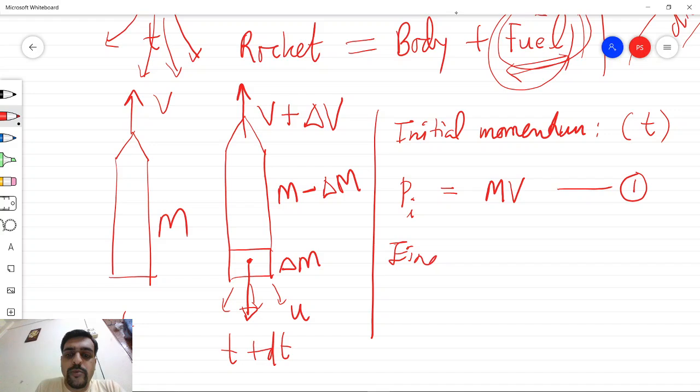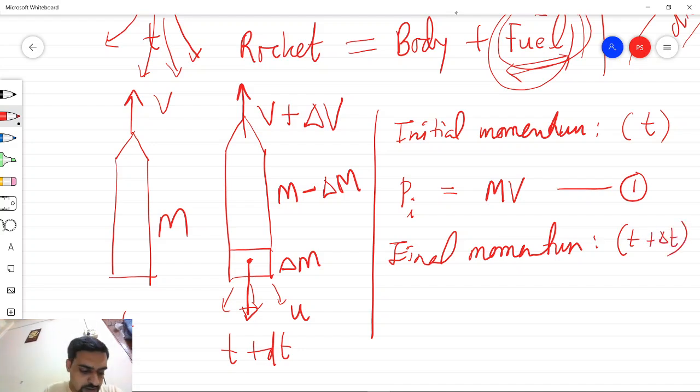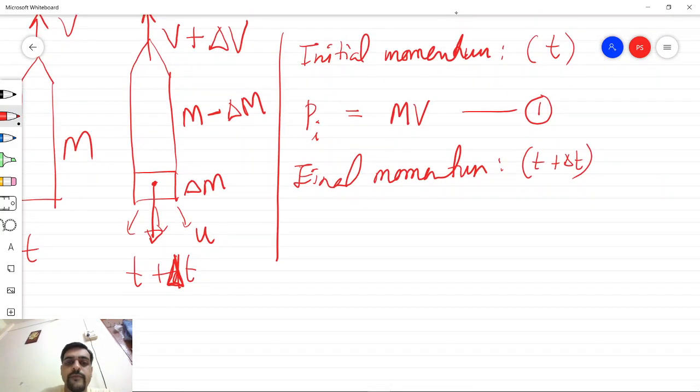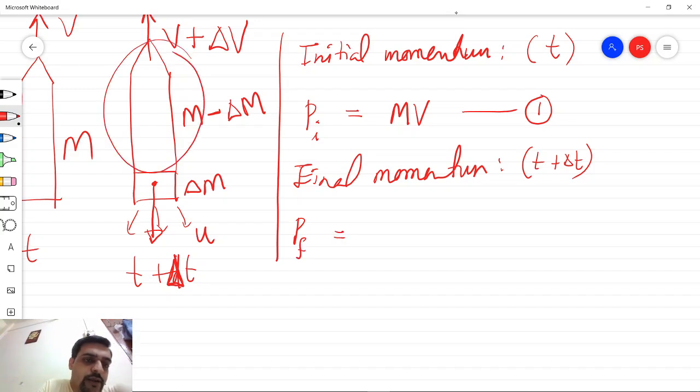The final momentum at some later instant t plus delta t, which is a finite interval of time, pf would be the momentum of the rocket plus the momentum of the exhaust gases, which are the burnt fuel.